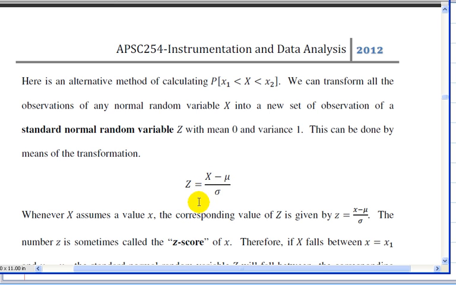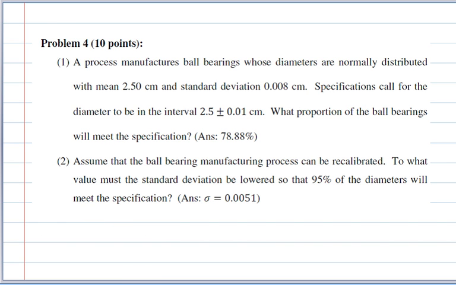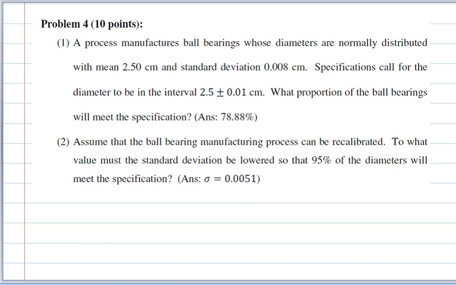So we calculate the probability based on this conversion here. We can use Excel. We can also use the table. We'll exercise this through this question here. This is a similar example to the one I went over in class, but some numbers are different.